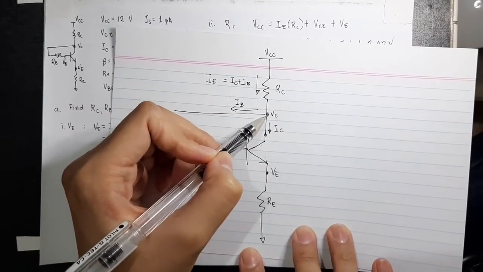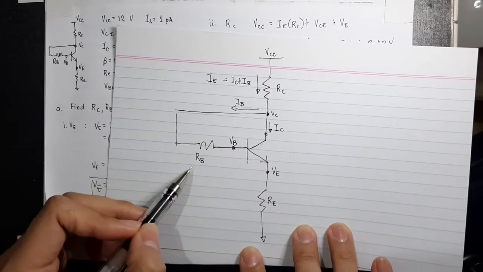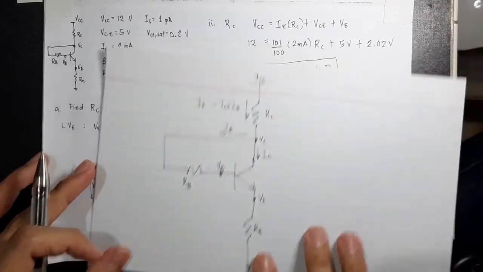So, we know the voltage value at this node and at this node. And we also know IB, so we can calculate the value of RB.